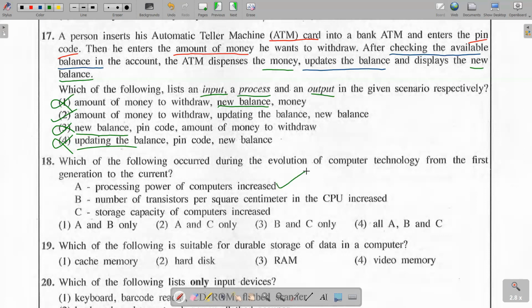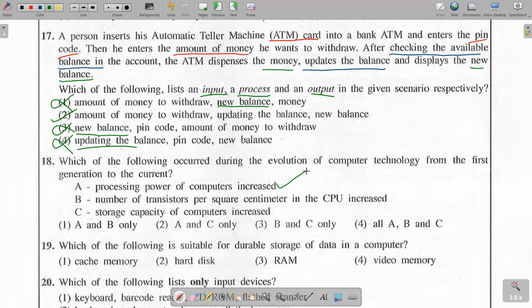Like in the very first generation, they had only a very primary type of processor, which could do some very basic calculations. And nowadays, they have many complex processors. So the processing power increased. Number of transistors per square centimeter in the CPU increased.